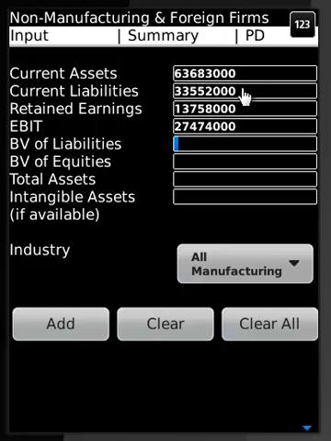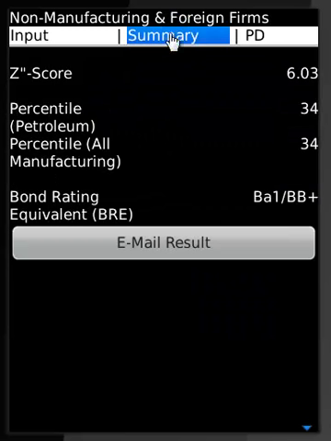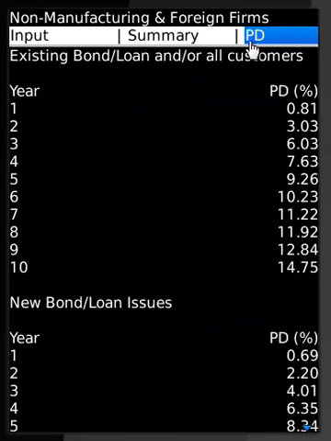Liabilities is 1252860000, and equities is 167736000, and total assets in this case is 308683000. This is in the petroleum sector. This is the summary, and this is the probability of default.